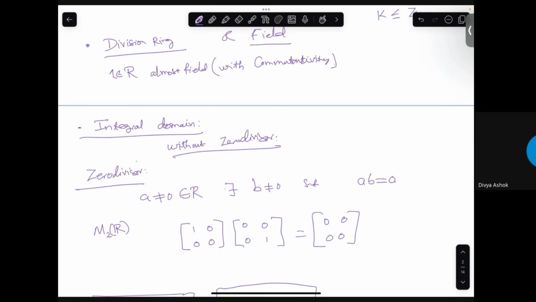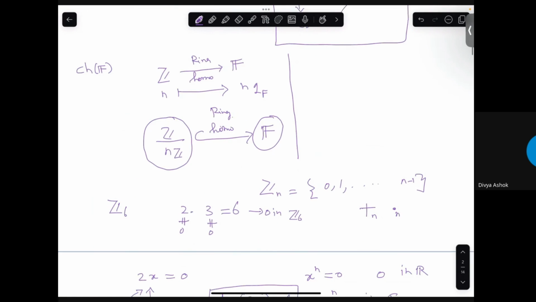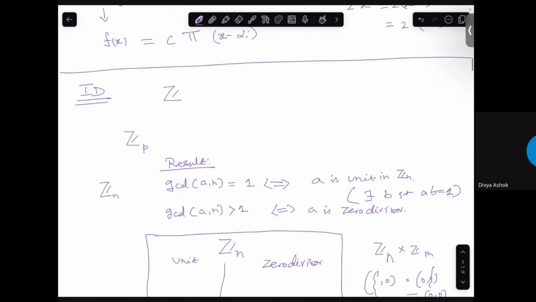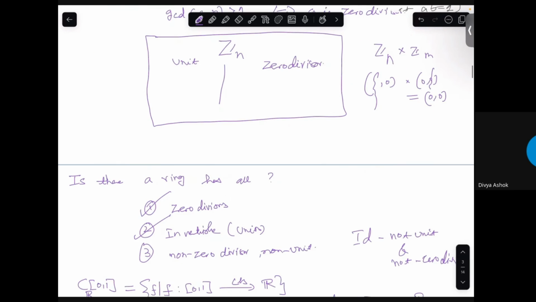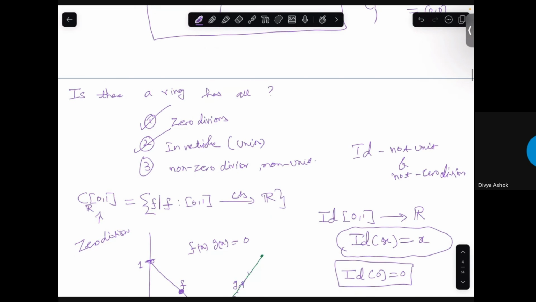I really started with zero divisors and non-zero divisors, integral domain. So the two key techniques I taught today are very important. We talked about a ring which contains a zero divisor, invertible elements meaning units, non-zero-divisors that are not units. Yes, it has.